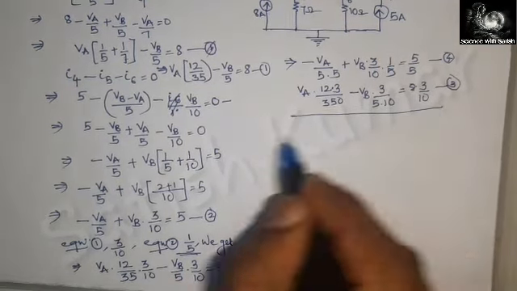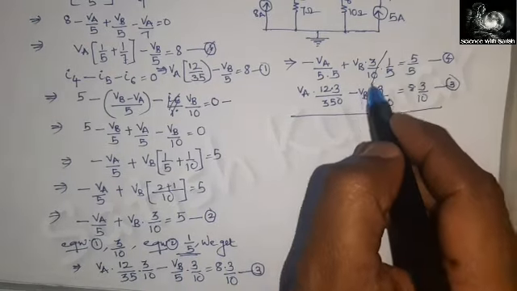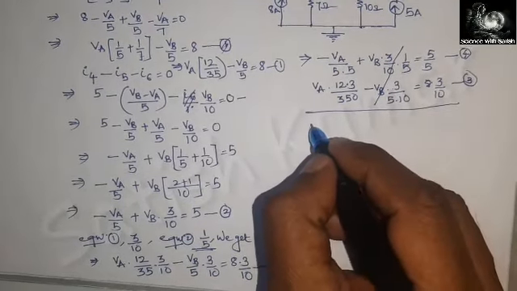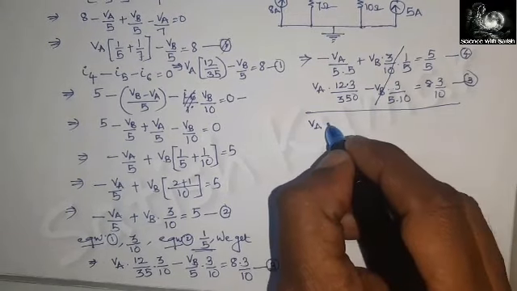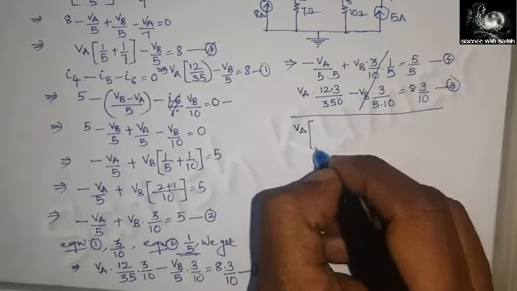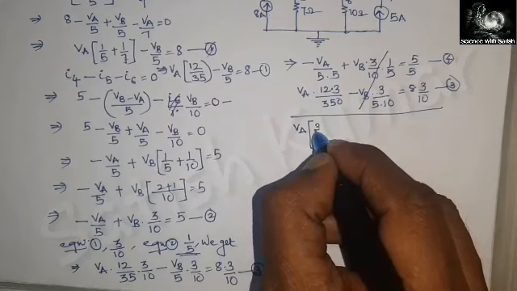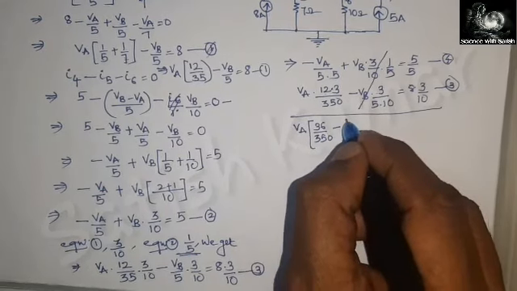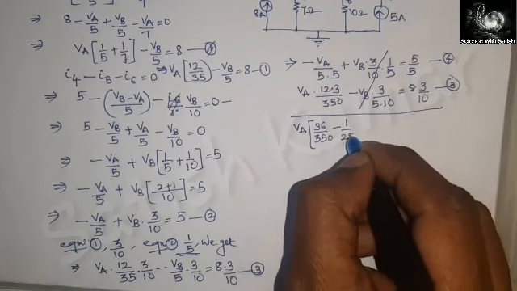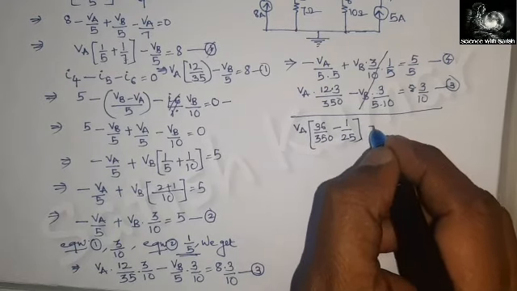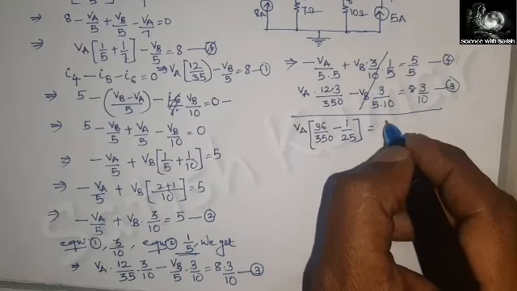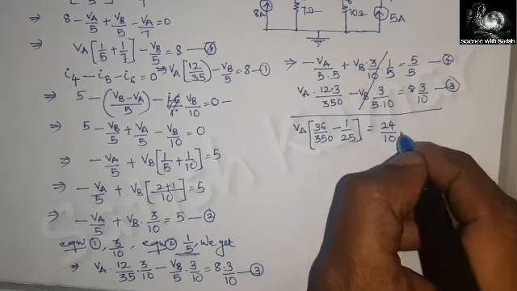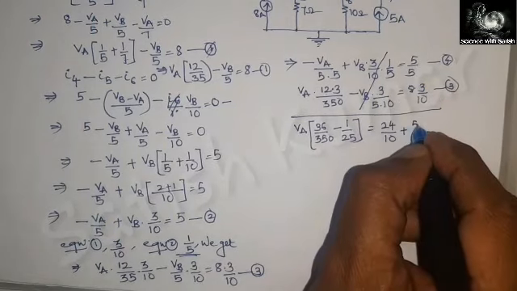So, you please add these two; the VB terms get cancelled. So, I can write it as VA into 12 3s are 36 by 350 minus 1 by 25 is equal to 24 by 10 plus 5 by 5.